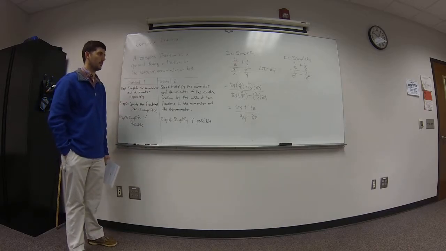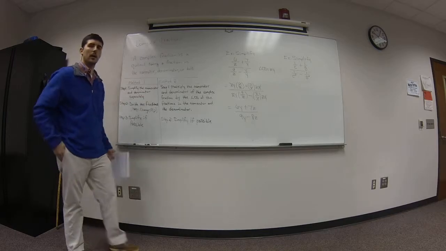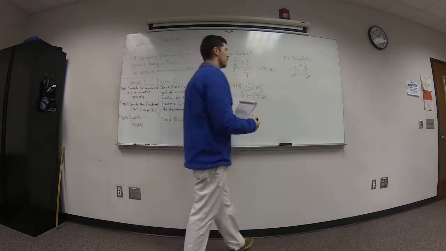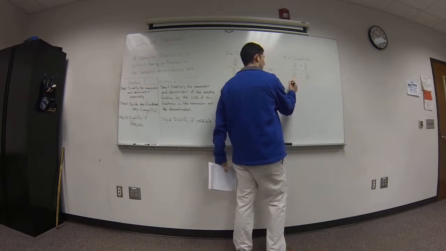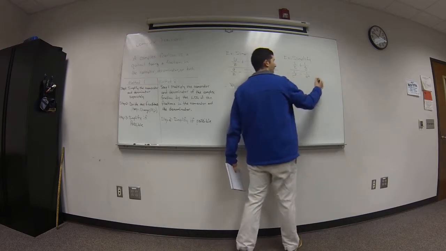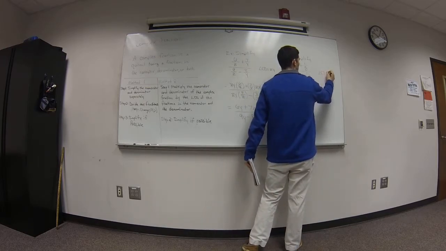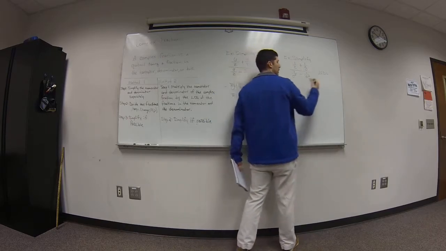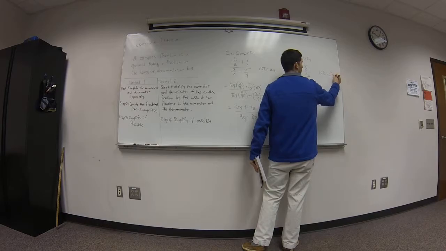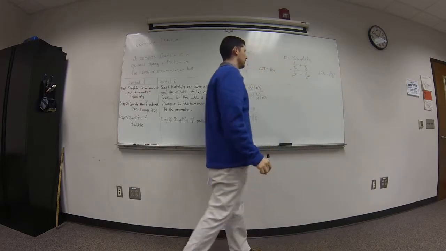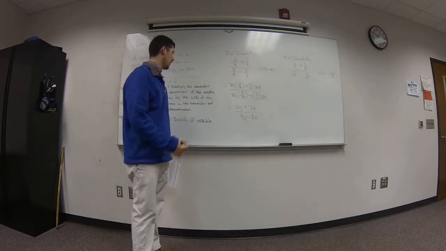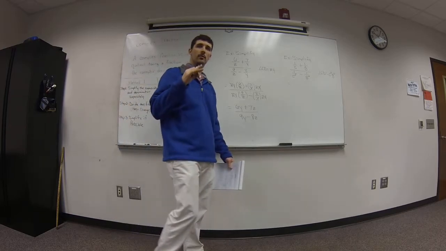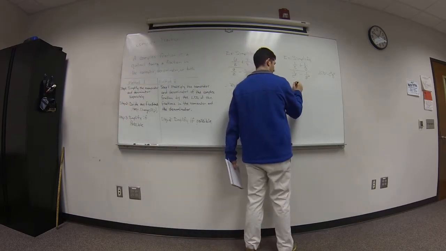All right, so now let's look and see how well you did. So the first thing we need to do, I'm going to use method 2. So the first thing I need to do is find that LCD. Well, if we look at all 4 denominators, my LCD would be c squared times g squared. So now what method 2 says, we multiply every term by c squared g squared.